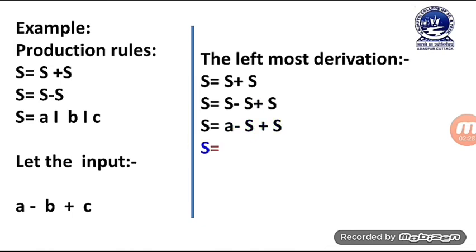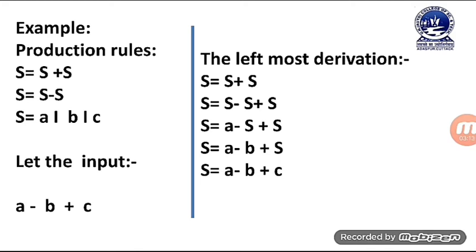Then we will use the second production rule, S equals S minus S, so that our second derivation will be S minus S plus S. Then at the third step of derivation, we replace S with a and the output will be a minus S plus S. At the fourth step, we replace S with b so that the output is now a minus b plus S. And finally, the last S will be replaced with c and we get the output a minus b plus c.